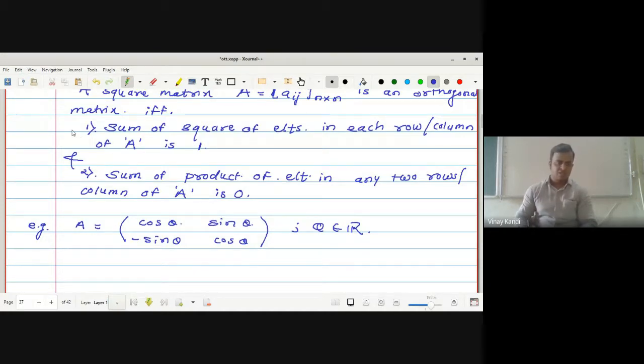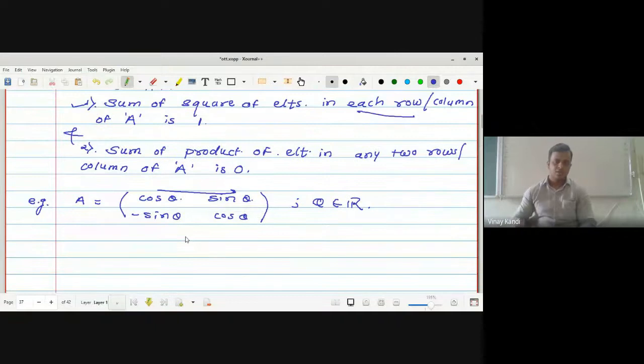What is the first condition? Sum of squares of elements in each row. Take the first row. The first element is cos theta, so cos square theta, plus sin square theta.